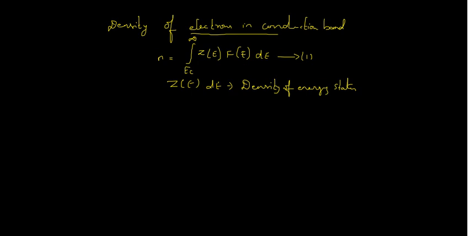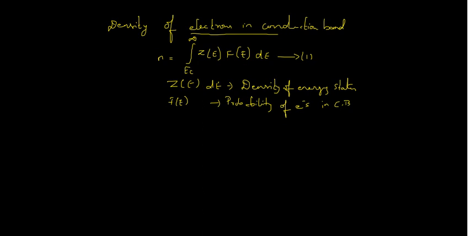And F of E, as you know, is a probability distribution function, the probability of finding electrons in the conduction band, CB.